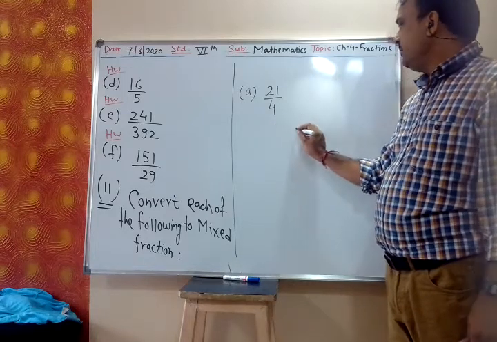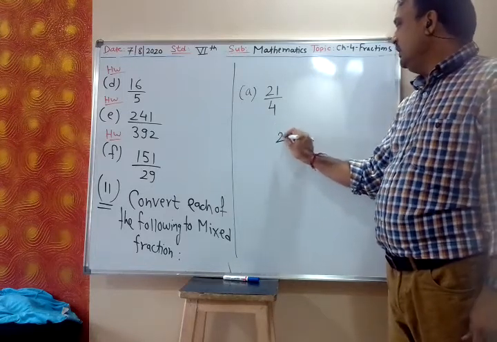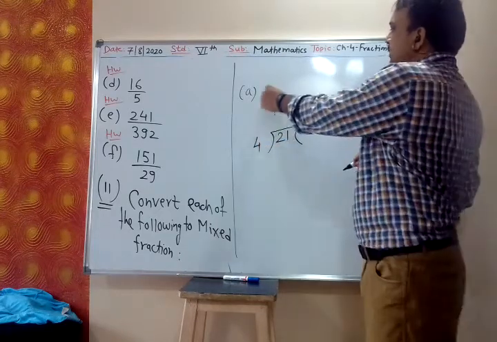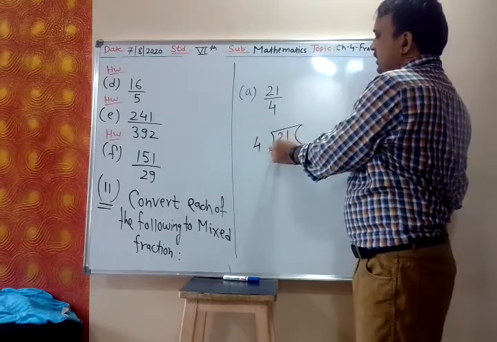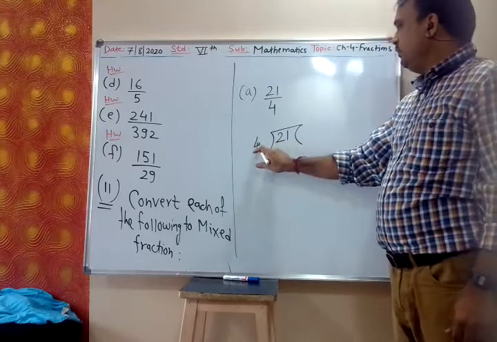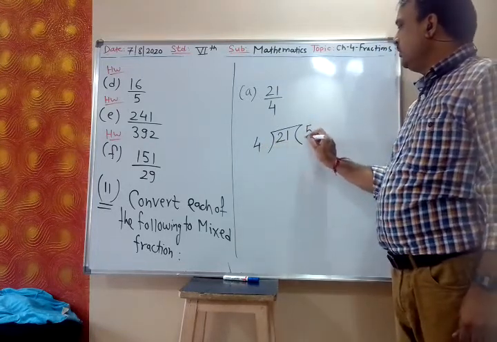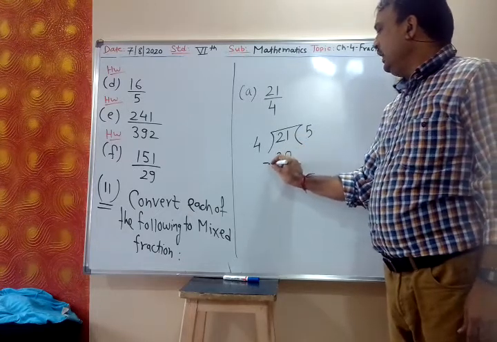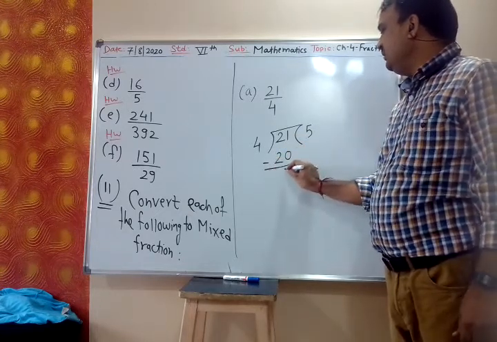So 21 you have to divide by 4. 4 5s are 20, and 21 minus 20 is 1.